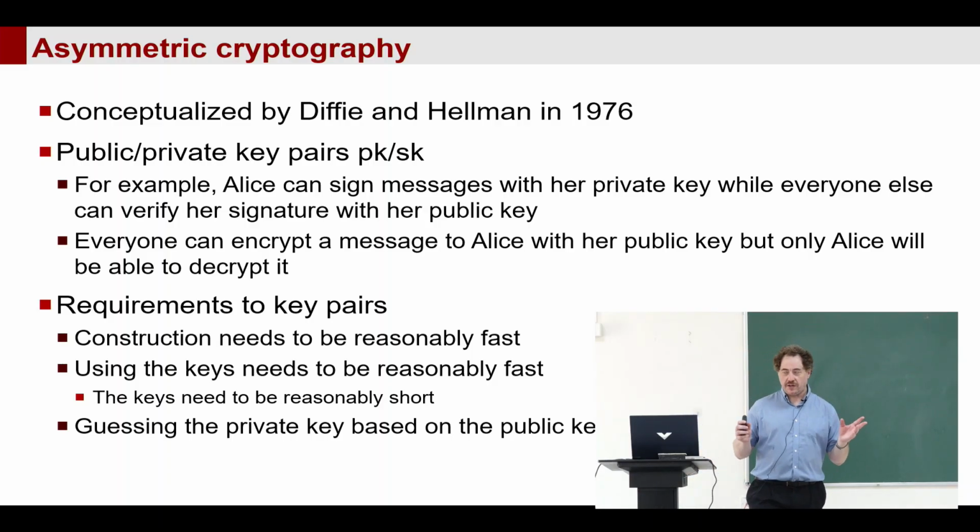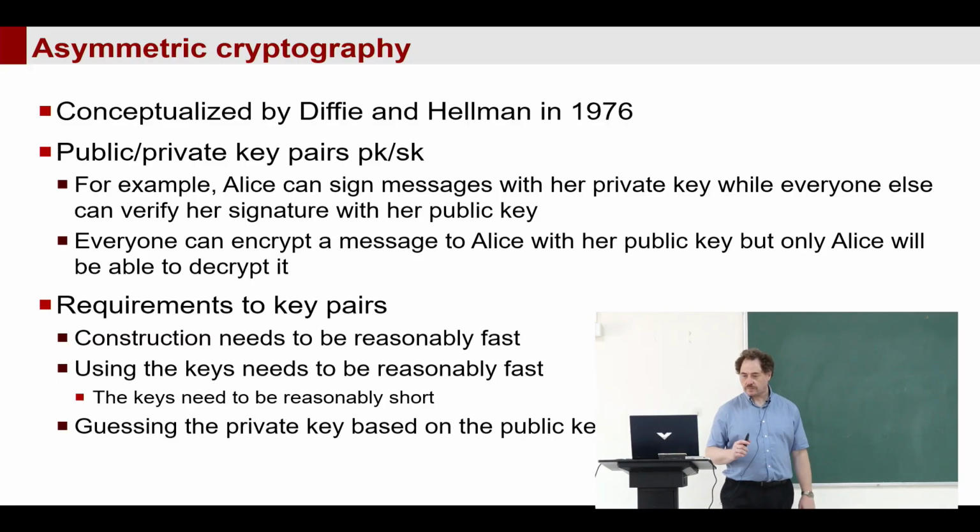Of course, the shorter the key, the faster it is, but it's less secure. It's easier to guess the key if the key is short. So there is a trade-off in terms of the key length. And of course, the other requirement is that guessing the private key based on the public key needs to be hard.